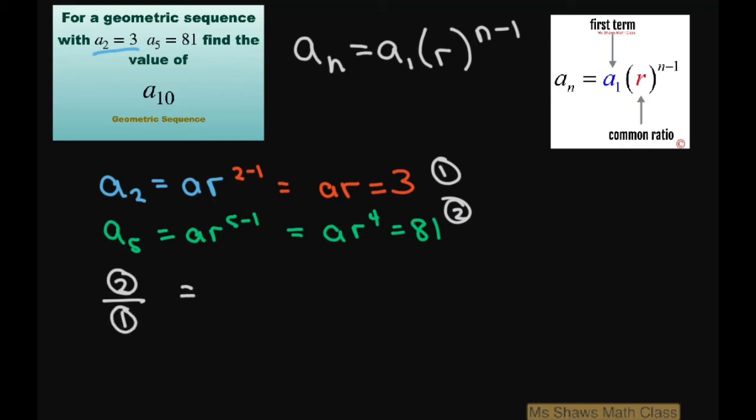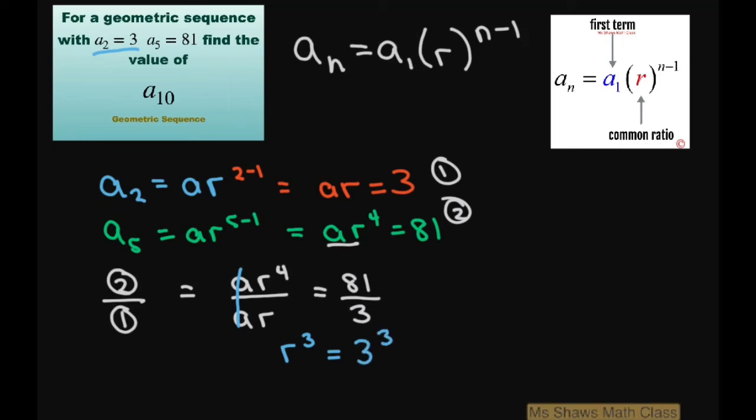So this is going to be A R to the 4 divided by A R, and this is going to be 81 divided by 3. So the A's cancel, and we get R cubed equals 27, or 3 cubed.